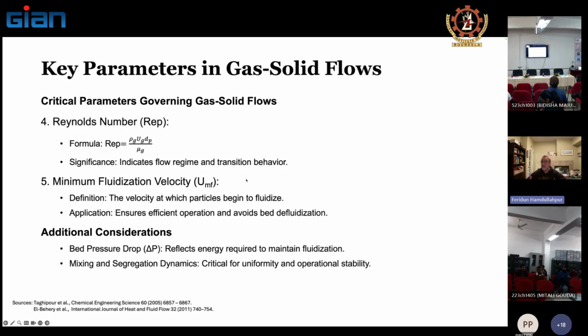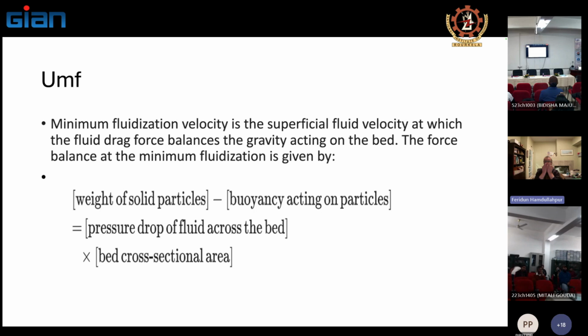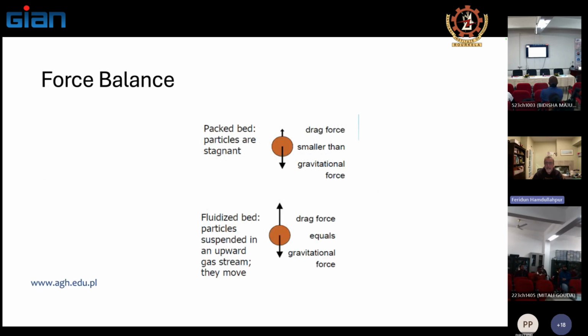So you can determine your blower or fan size, which is very important. If you don't have the right blower, then you cannot fluidize the bed. So minimum fluidization velocity is the velocity... Let me go one ahead and then I'll come back to this one.